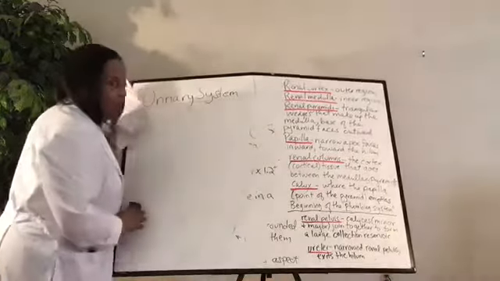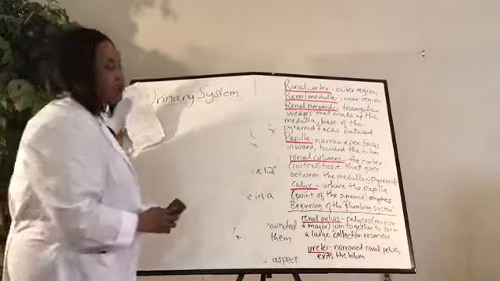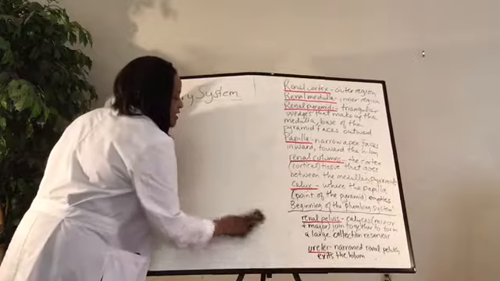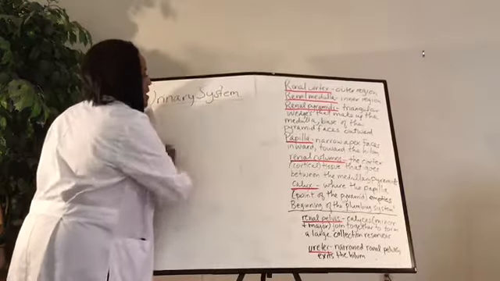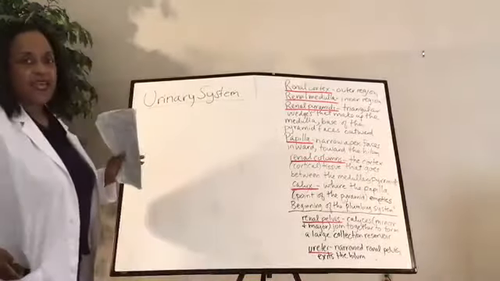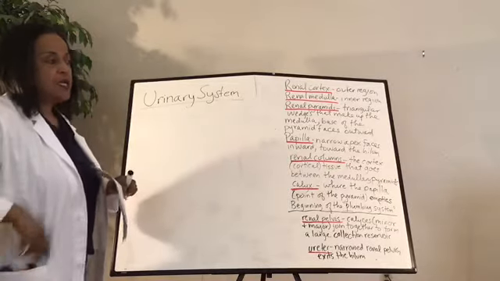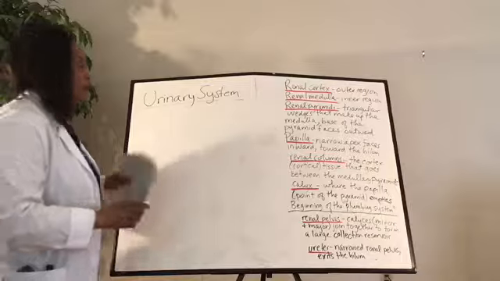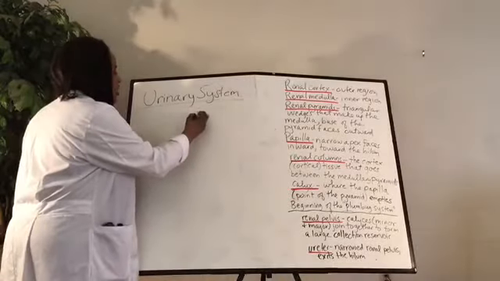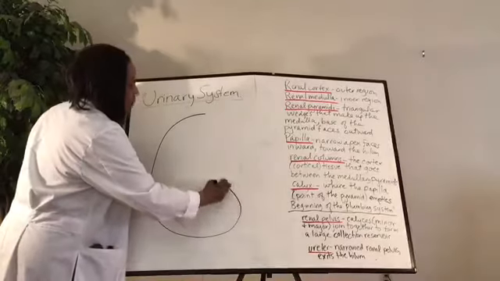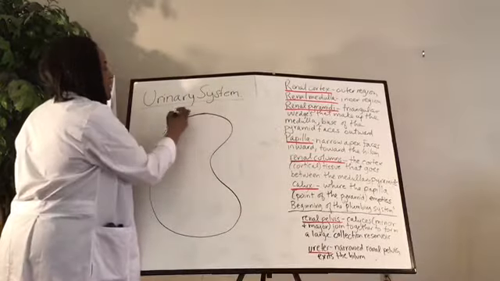So let's draw a nice macroscopic view of the kidney. The same thing that you would see dissecting, if we were to dissect the kidney, these are some of the structures you would be able to see. So let's just draw a macroscopic view of the kidney here.